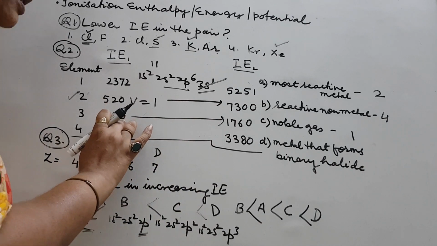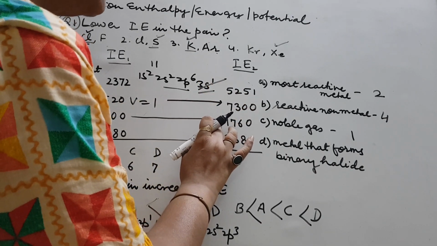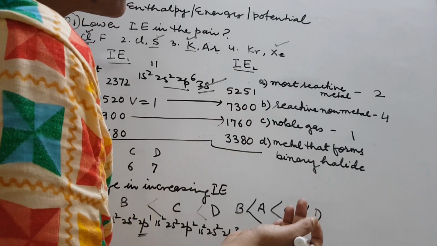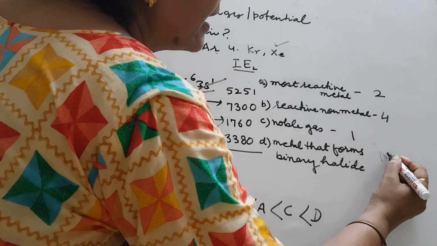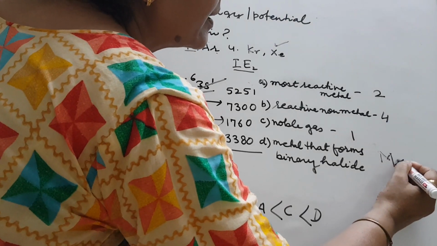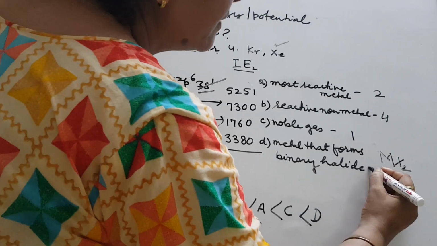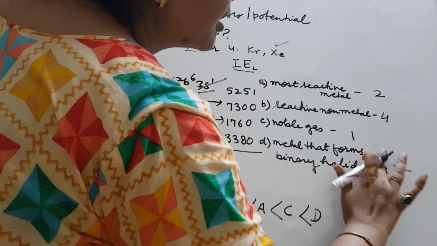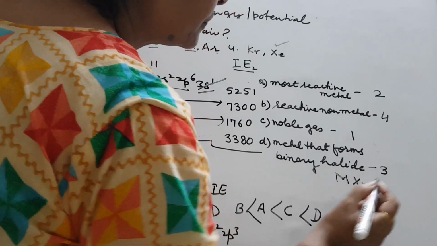So first electron gone out, second. This shows it must be having valency 2, and when the valency is 2, then only it will form a dihalide of the type, say, MX2. So this will be our 3rd element, which will form the halide of the type MX2.